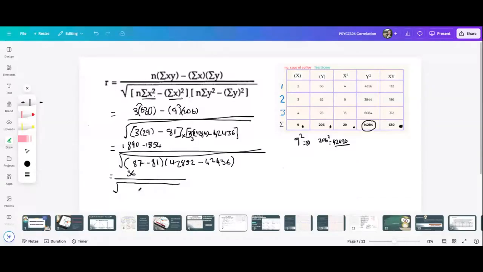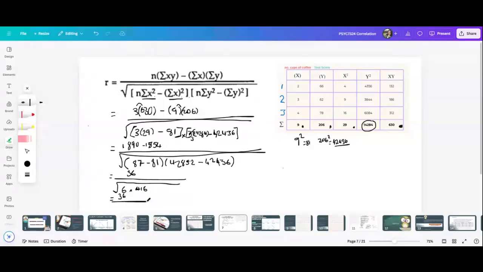Okay, so what is 87 minus 81? That is 6. And then 42852 minus 42436 is 416. Okay, I'm going to run out of space.